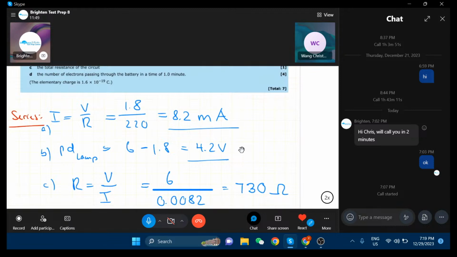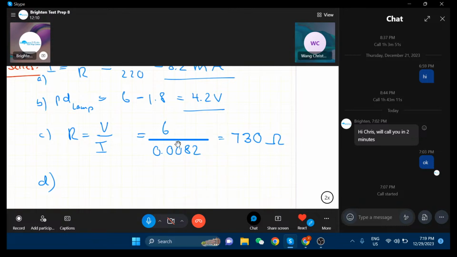Should be 0.0082 divided by 1.6 times 10 to the power negative 19, and then the entire thing times 60. Okay, you can do that in one step. That's fine.